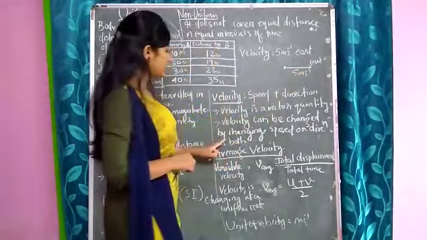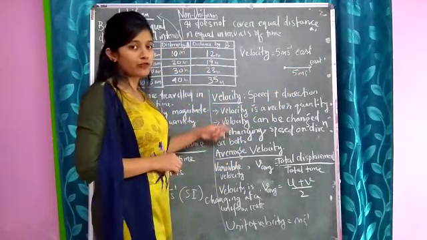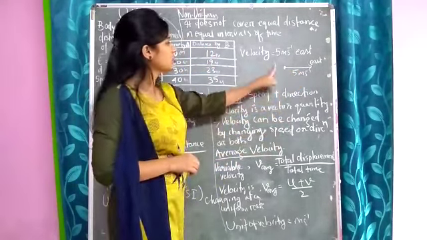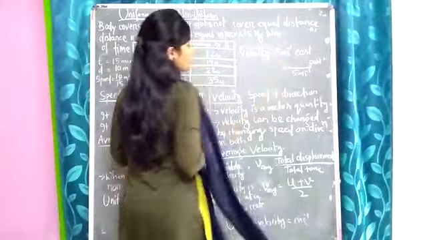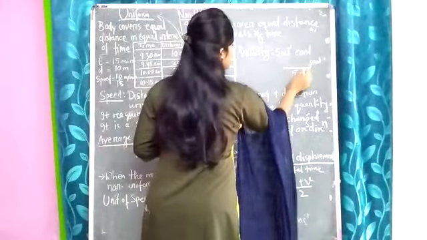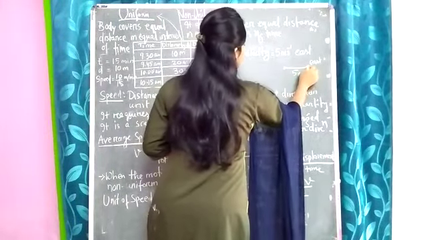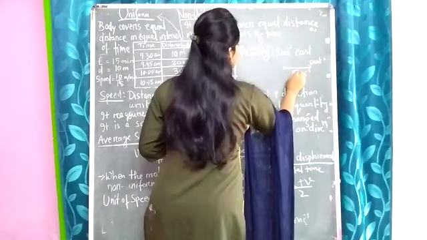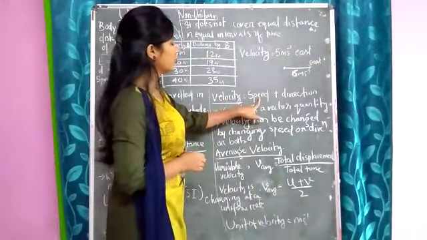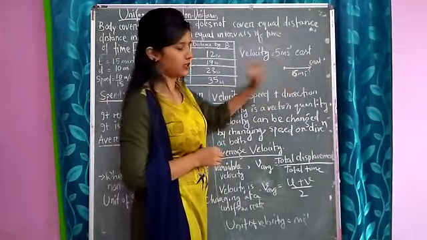If I am saying that velocity can be changed, it can be changed by changing speed. Suppose the body's speed increases, so after some time it becomes 6 meter per second. The velocity changed due to the changing speed.